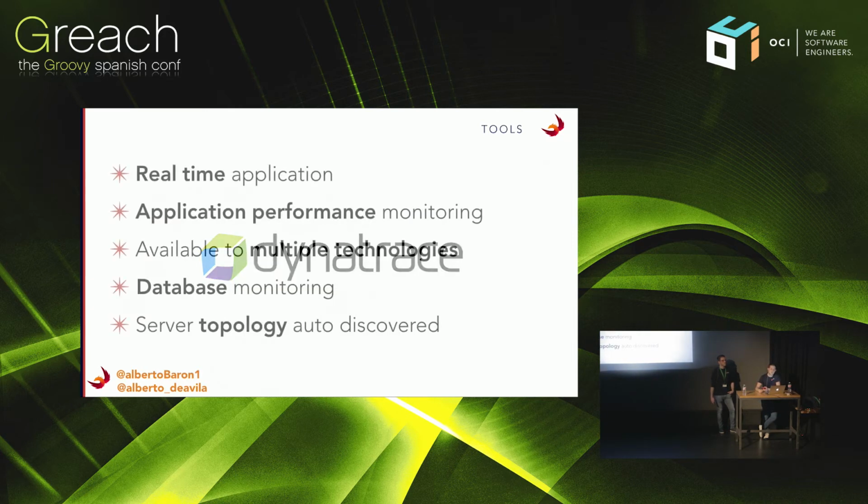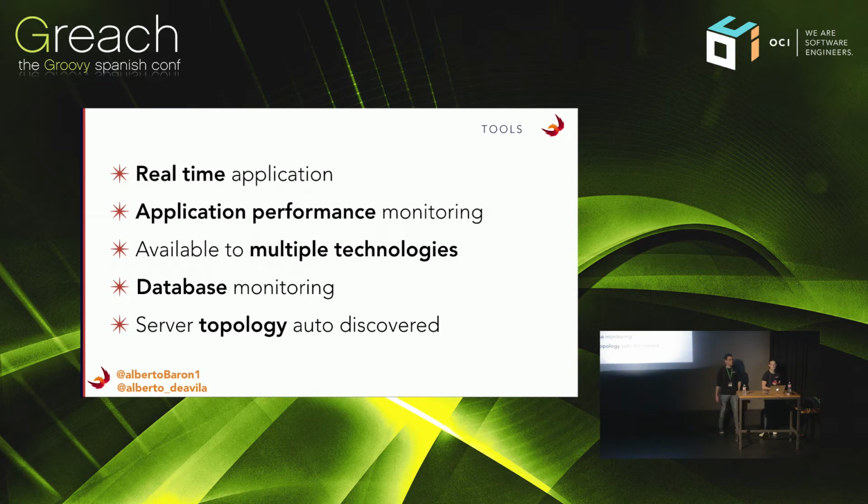Dynatrace is a real-time application. With this application, you can monitor the performance of your application, but not only your application, even your server or the other components that your application has. It's available for multiple technologies like .NET, Ruby, Groovy, Java, C#, and others.